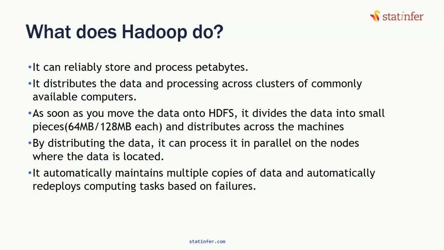Whereas in the Hadoop Distributed File System, the dataset looks like small pieces only. The maximum size of a piece in HDFS is 64 MB or 128 MB. You can decide the piece size while configuring. Let's say every piece in Hadoop is 128 MB.